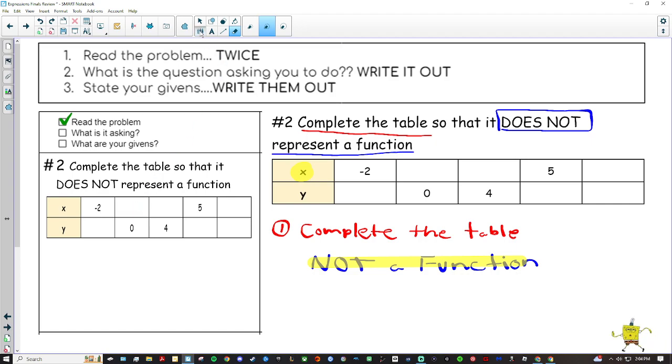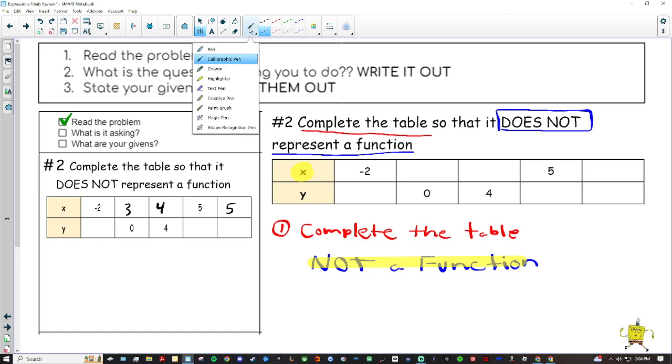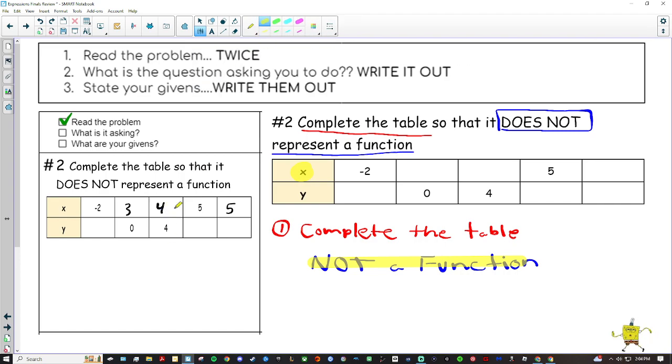Maybe you were super creative and put in your own numbers, like 1 and 1. If you have 2 numbers that repeat, it's not a function. Okay? Maybe in my example, I'm going to have a 3, a 4, and another 5. This is not a function because I have 2 5s.